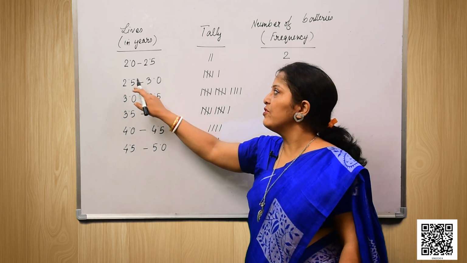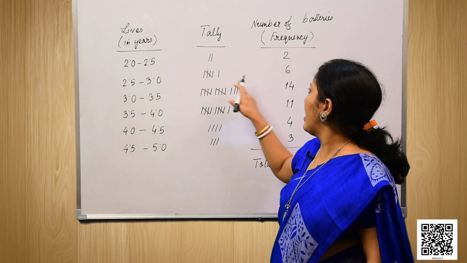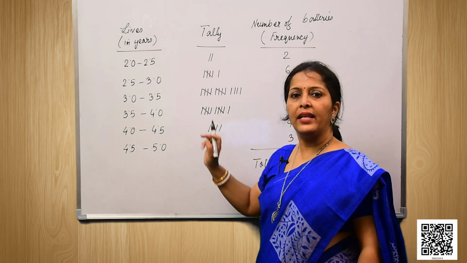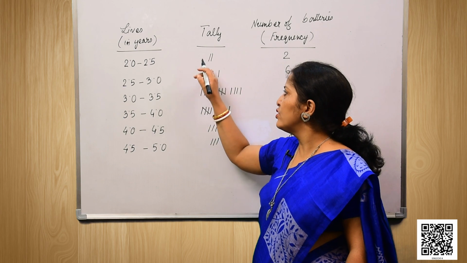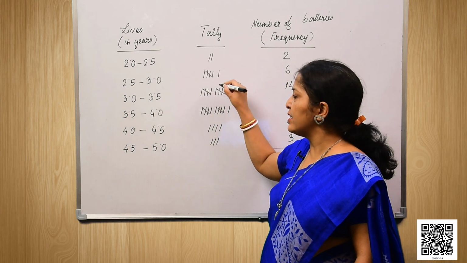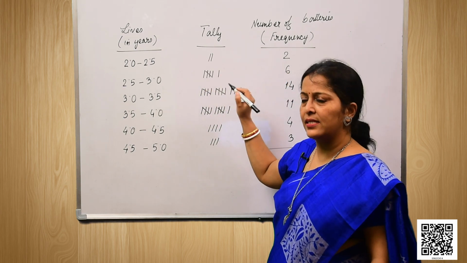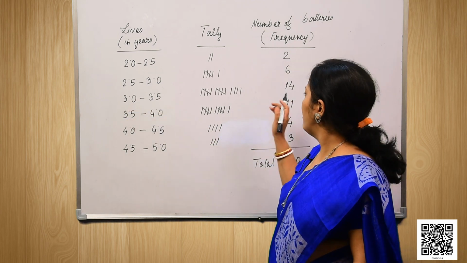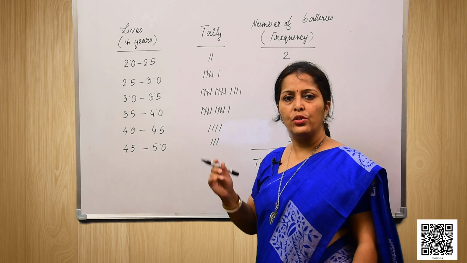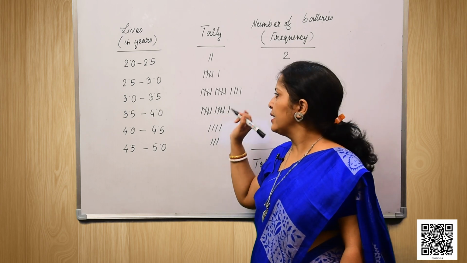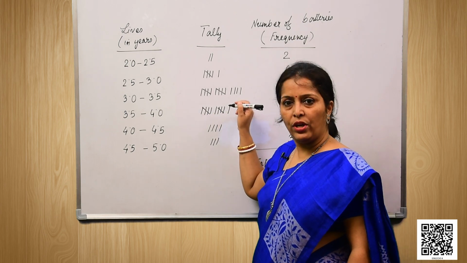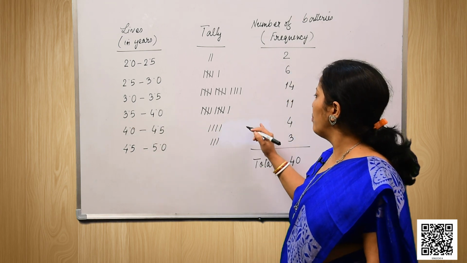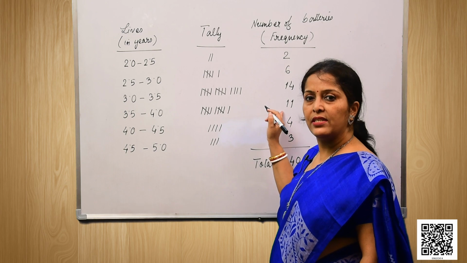Next 2.5 to 3.0, we are having 6 numbers. So the frequency will be 6 and the tally will be 1, 2, 3, 4. We cut it to make it 5, then 6. Next 3.0 to 3.5, we have 14 such numbers. So the frequency is 14 and this will be your tally. Then in the next one 3.5 to 4.0, we have 11 such numbers.